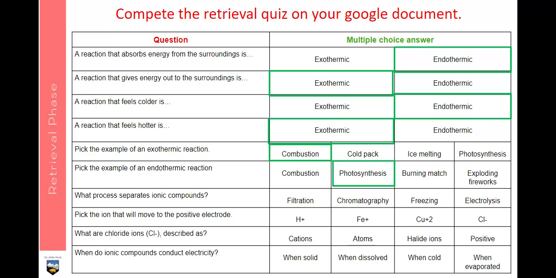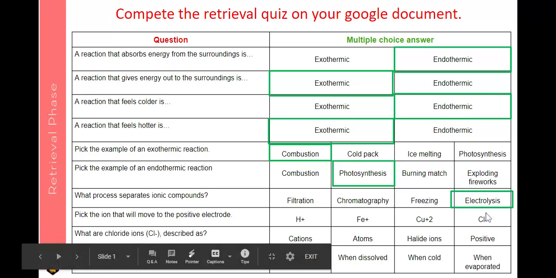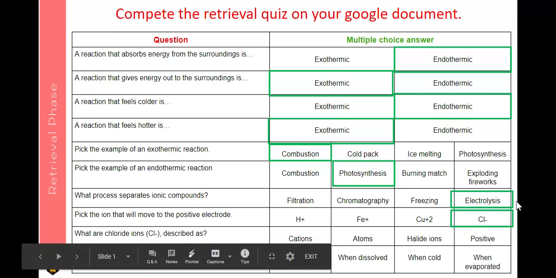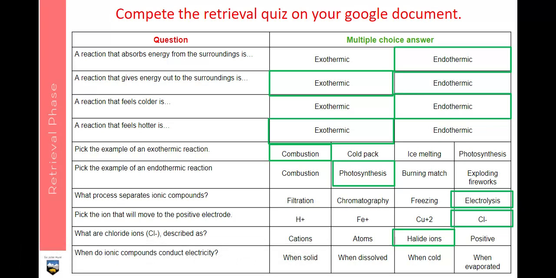The process that separates ionic compounds is electrolysis. The ion that will move to the positive electrode must be the negative chloride ion. Chloride ions are best described as halide ions. Remember, they're halogens from group 7, so they form halide ions.